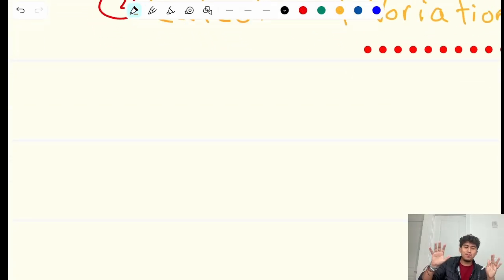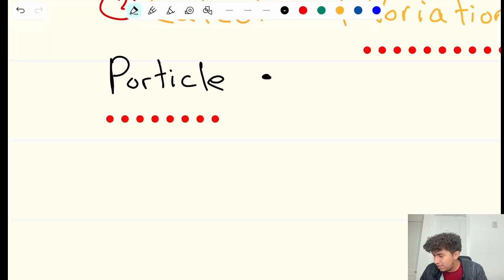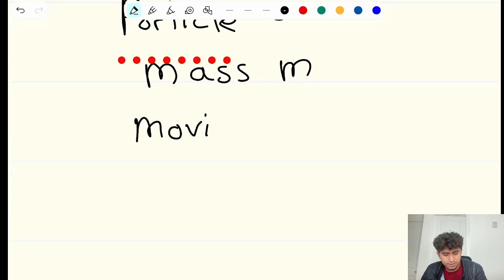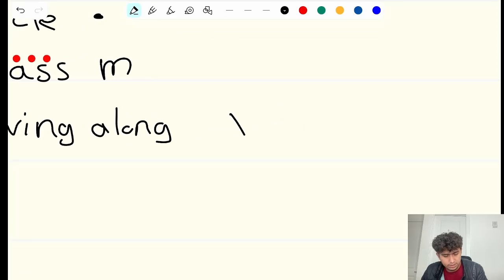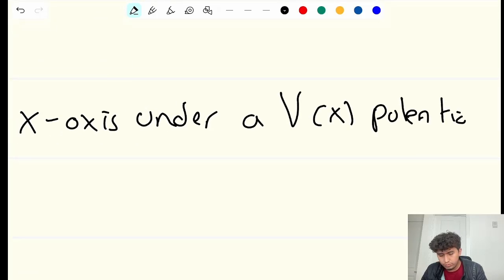Okay, so we're going to do a simple example. Let's consider a particle that has some mass m, and it's moving along the x-axis under a potential V(x).